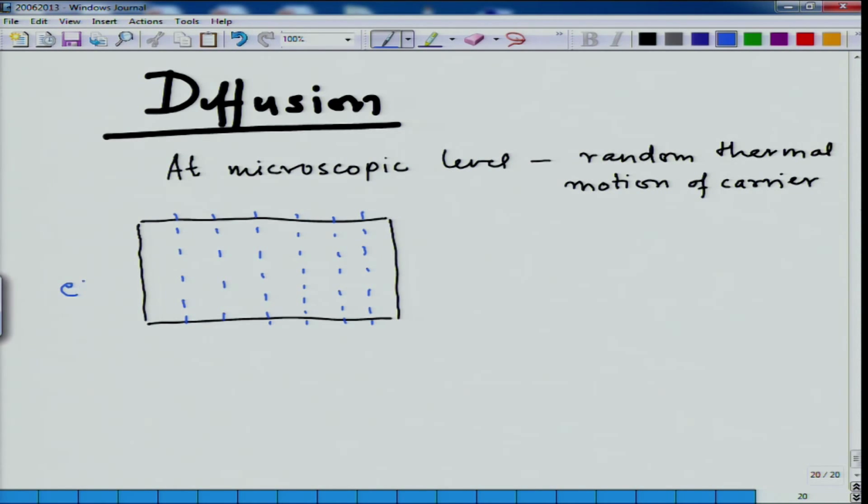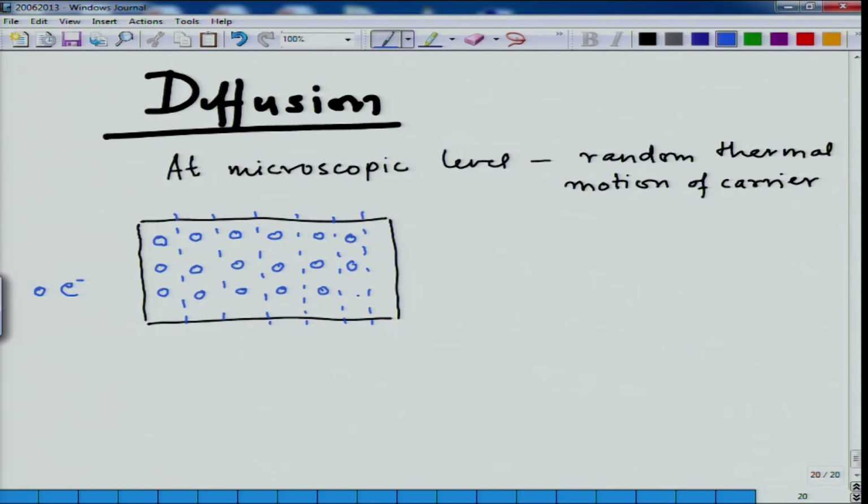Let us look at the behavior of electrons in this material. So there are electrons in different sections. The material is homogeneously doped, so we have a homogeneous concentration of electrons in these uniform sections that I have drawn.